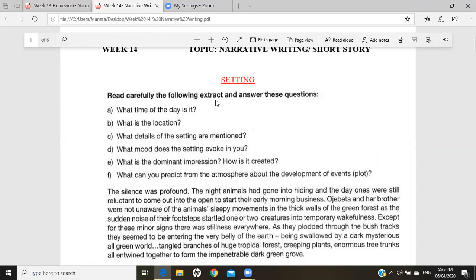So anybody would have continued this story where maybe they would have stress relievers, okay? Maybe Ojebet and her brother would have gotten lost in the forest. Anybody would have done something along that line, because the way they are responding right now, it seems as though they're not really too familiar with the forest, because if they were, then these things wouldn't be a bit scary for them.